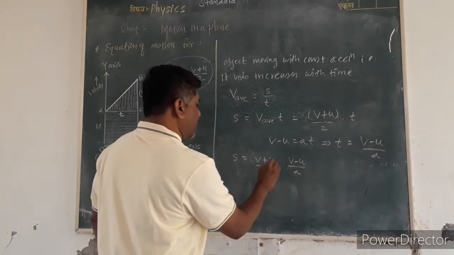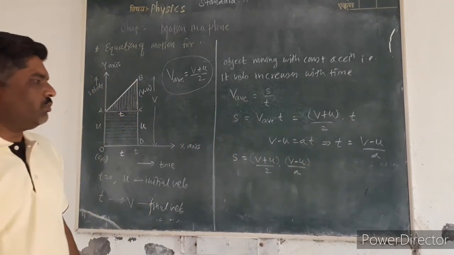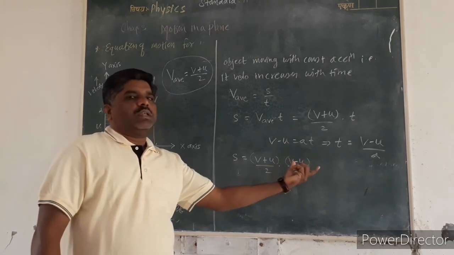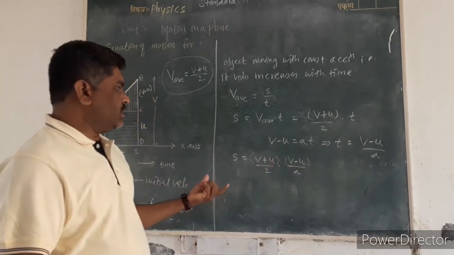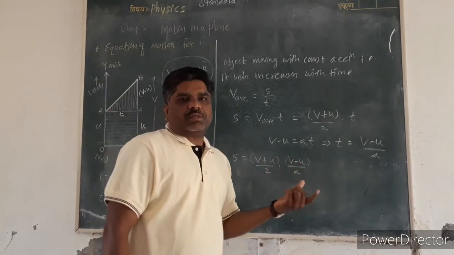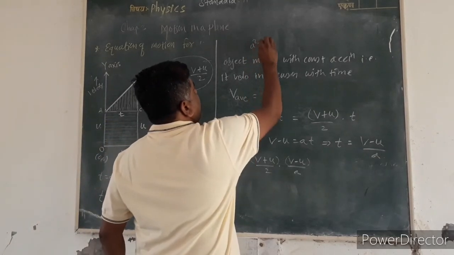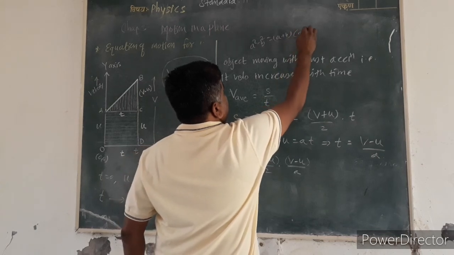Suppose this is the first bracket, the second bracket, v plus u, v minus u. This is very similar to a plus b, a minus b. Using mathematics, a square minus b square is equal to a plus b, a minus b.